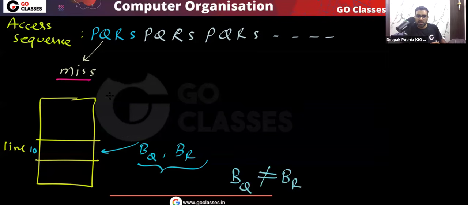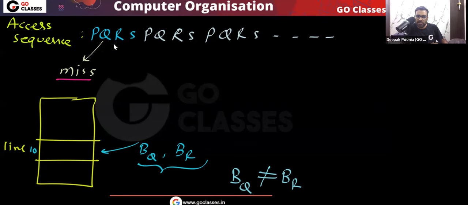So when we access Q, the block containing Q will map to line number 10. And when we access R, the block containing R will map to line number 10. So they will replace each other, yes or no? Every time, this R will replace Q, and this Q will replace R, like that.